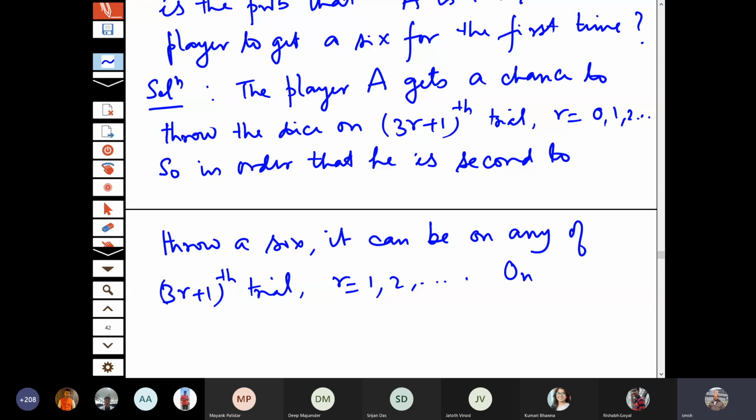So what are the trials he is getting? He is getting R plus 1 trials up to 3R plus 1, because up to 3R each of them is getting R trials.